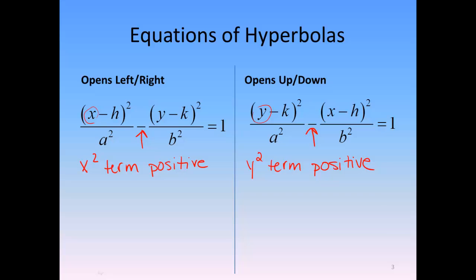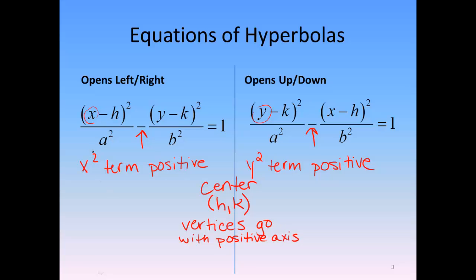As far as the center, it works the same for both: the center is (h, k). The only thing you have to worry about is when the y squared term is positive, you have to be careful where that comes from. The vertices always go with the positive axis. If it opens left to right, the a term will give the vertex.